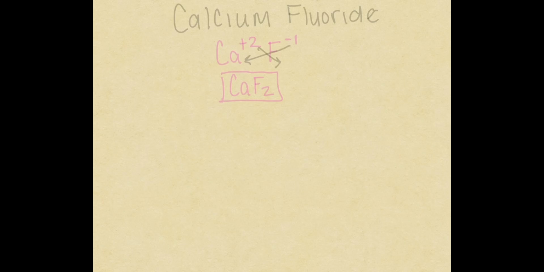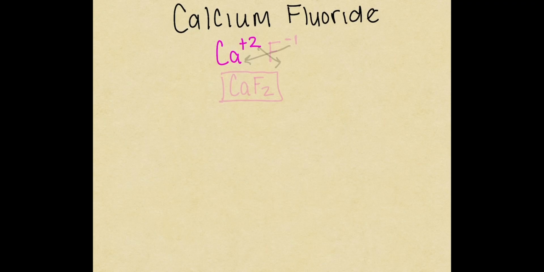Okay, next, as promised, let's do calcium fluoride. I'm pretty sure that you got it correctly when you tried it. I have faith in you. First, you write your element symbol, and then your element oxidation number.